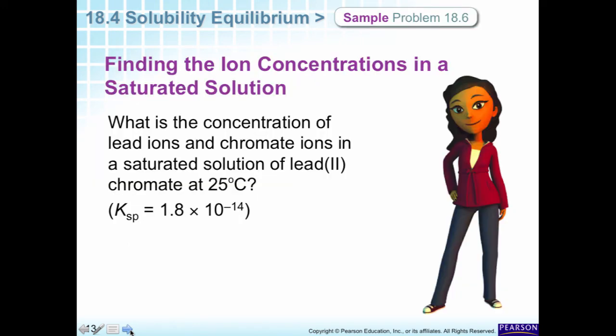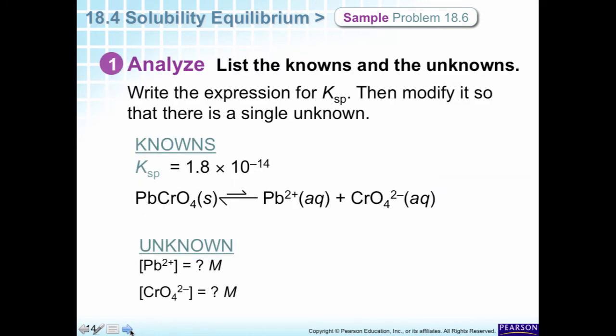How can we use this to solve for ion concentrations? We know the Ksp, and we know we have lead and chromate. We have to look up lead, which is Pb 2+, and chromate, whose charge we'd also have to look up. It's also 2-, so it's a 1-to-1 ratio.